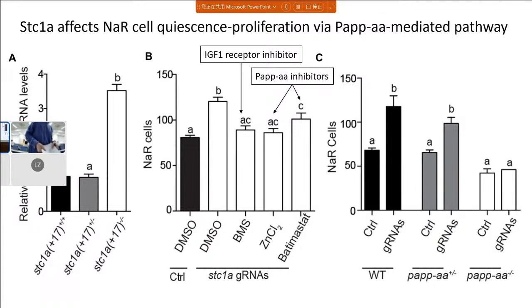I'm not very sure about the dosage they used throughout this experiment, but I would think that since the STC1A gRNA injection, before any drug treatments, it might increase the NR cells, but when part of the receptors or PAPPA is inhibited, it will just decrease some of them, but not make the NR cell number lower than they originally had.